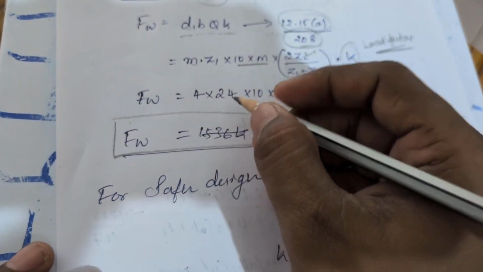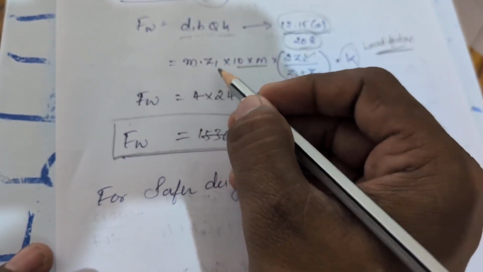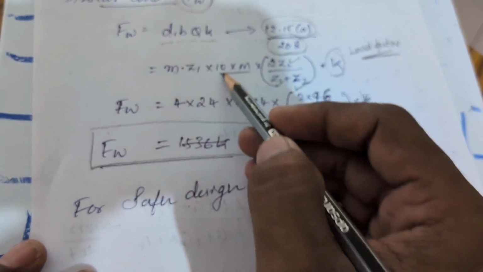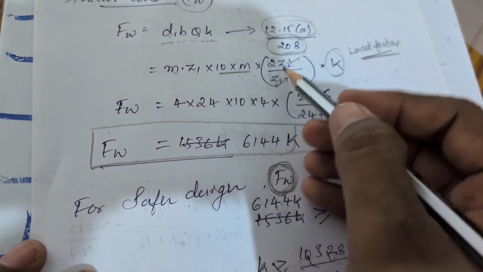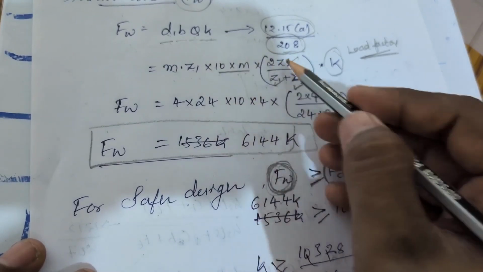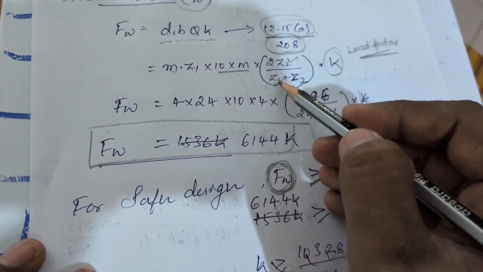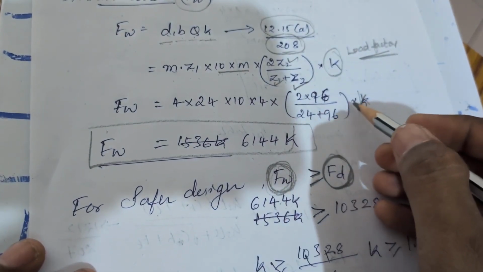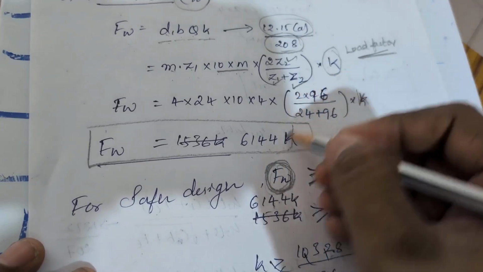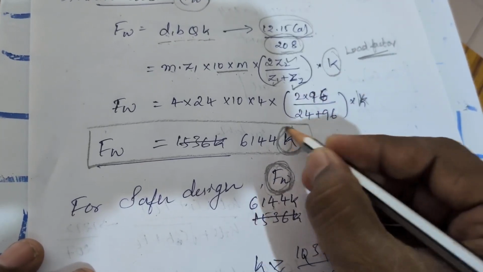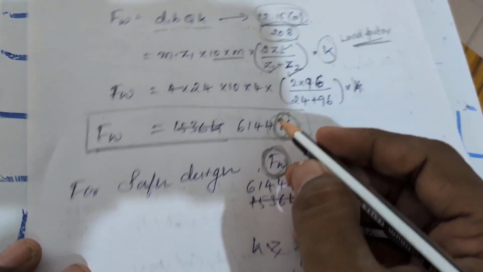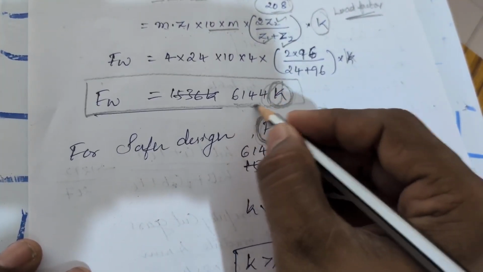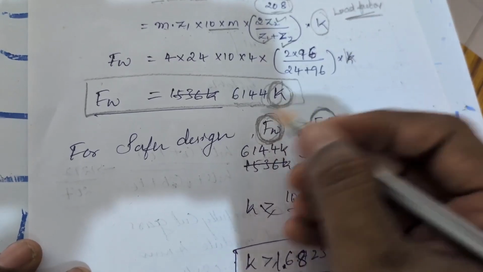Here D1 is m into Z1, and B is the face width, 10 into m, and Q is nothing but 2Z2 by Z1 plus Z2. After substituting all the values, you will get it in terms of K. I don't know this load factor value, so you keep it as it is, and I will get 6144K.